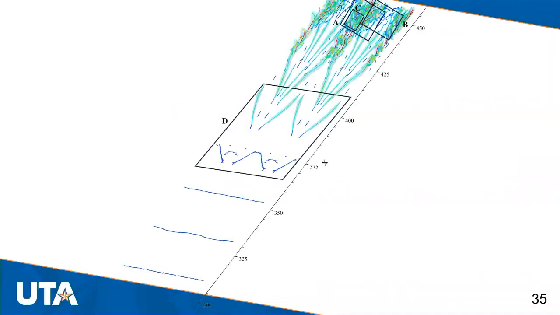It's almost vertical, so a very clear vortex structure. Then we take a close look at region A. We can take a look at an enlarged view of region A.